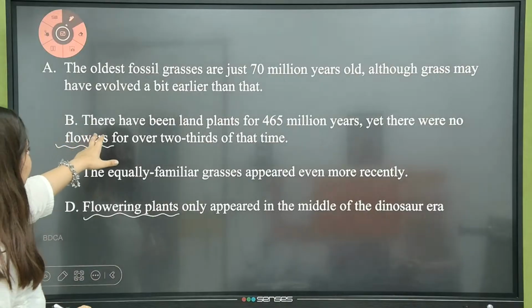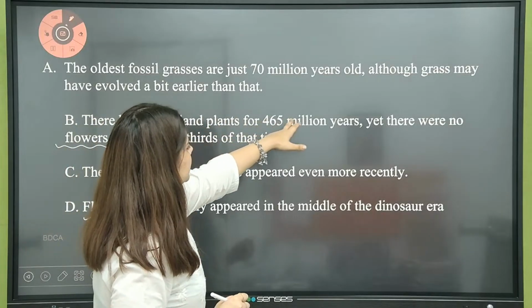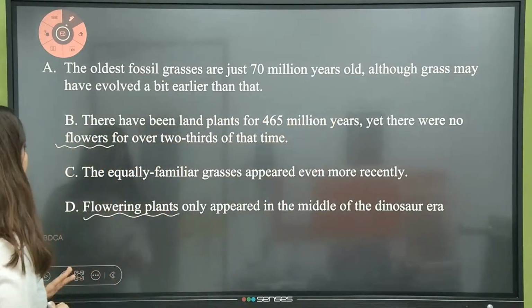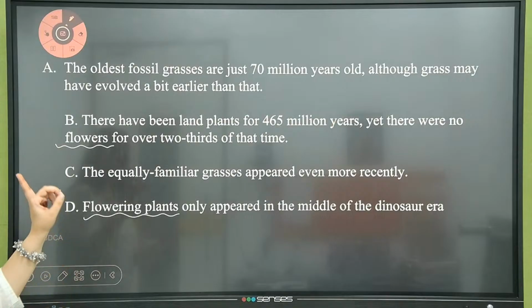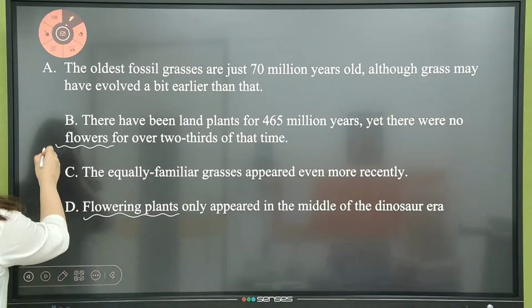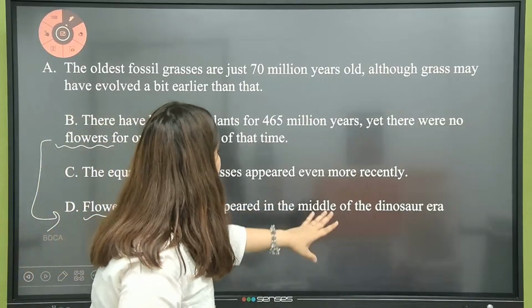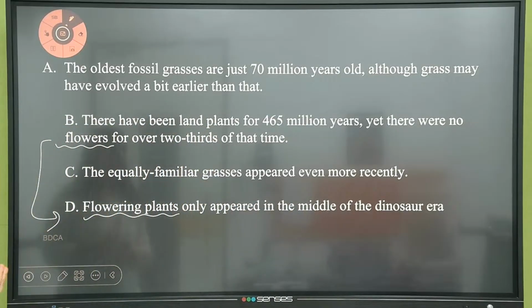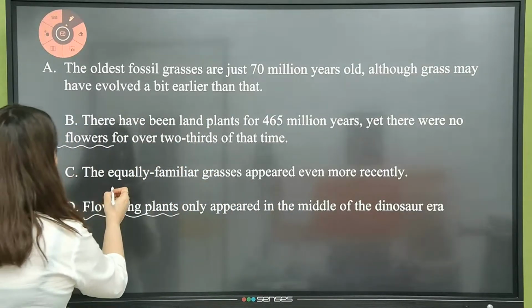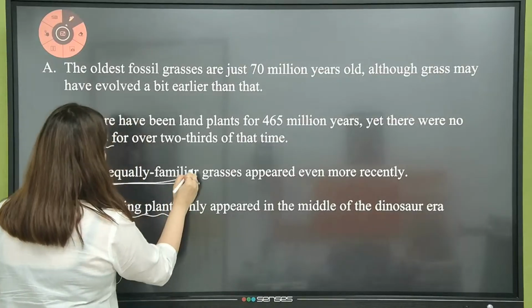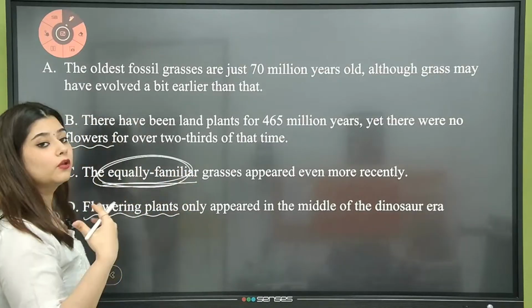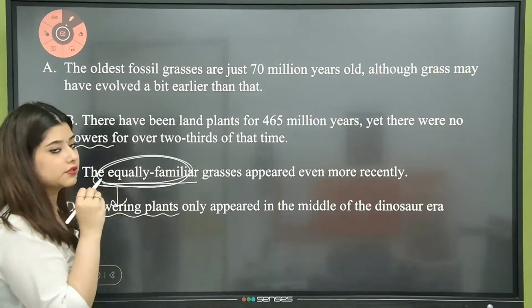So there have been land plants for 465 million years, yet there were no flowers for over two-thirds of that time. And then we talk about flowering plants only appearing in the middle of the dinosaur era. And then we talk about the equally familiar, equally familiar with what? With the flowers.